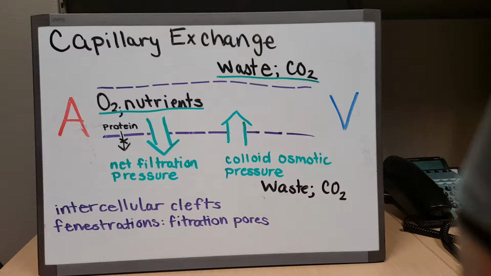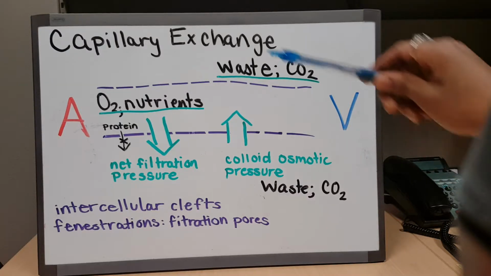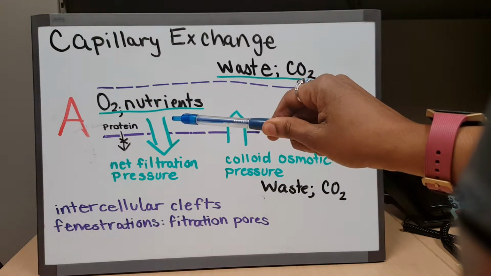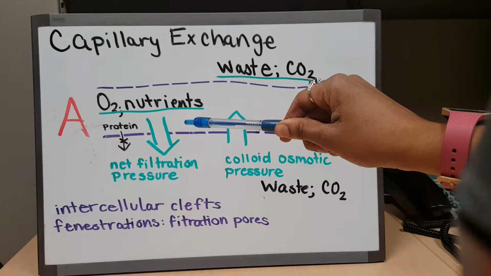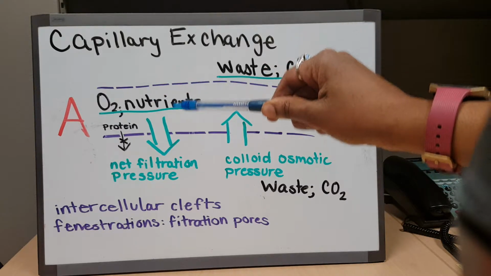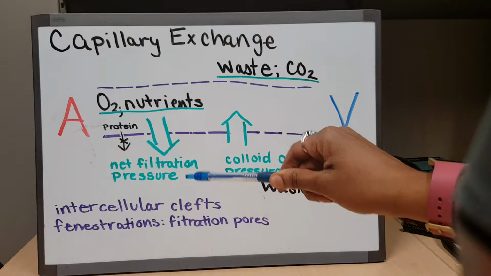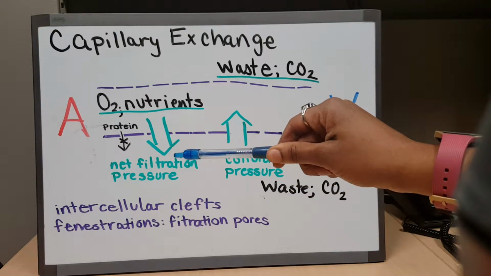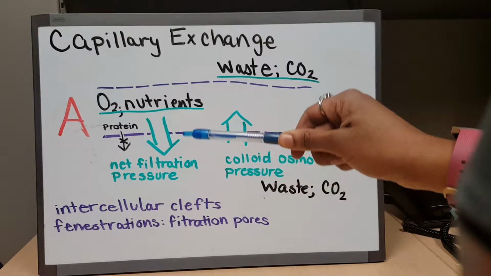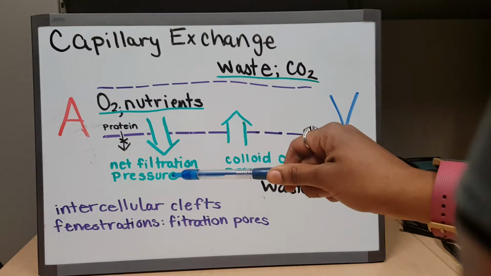So with your net filtration pressure driving fluid out of your capillaries, bringing out the oxygen and nutrients, there are the hydrostatic pressures from the blood pressure pushing out against the capillary wall, and then the suction from the tissues also bringing fluid out of the capillaries, driving oxygen and nutrients out.